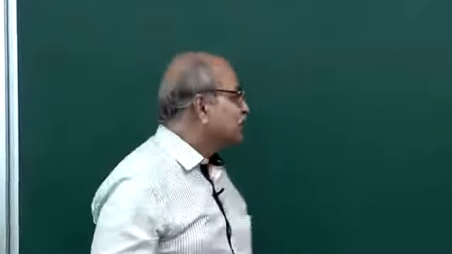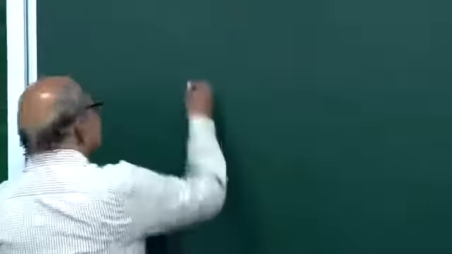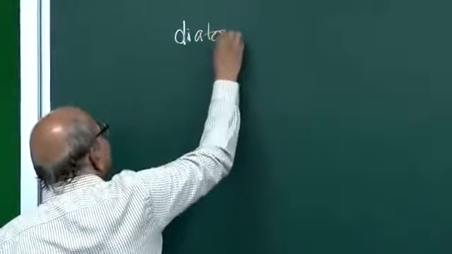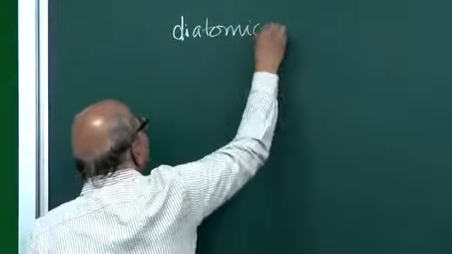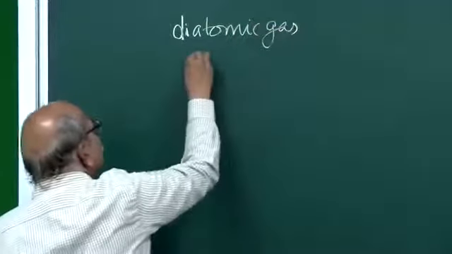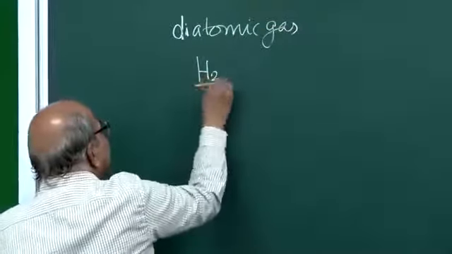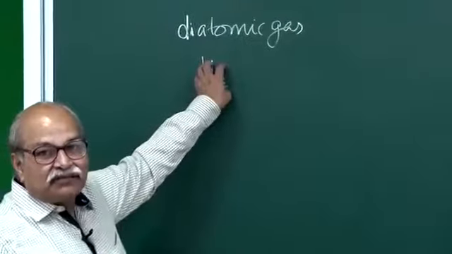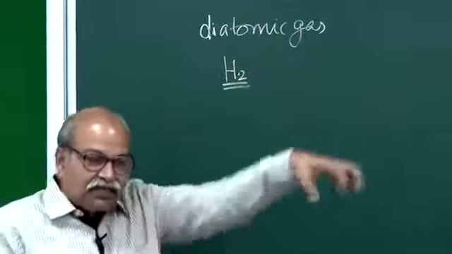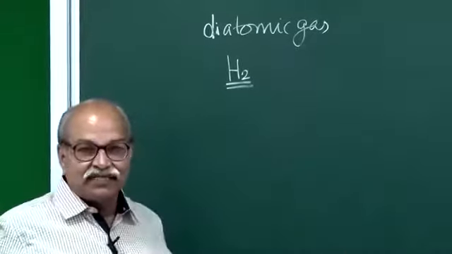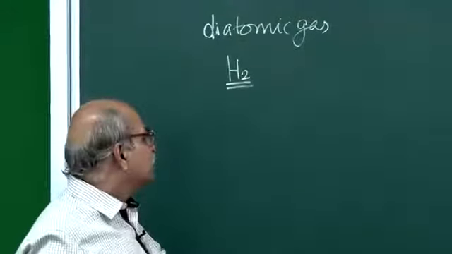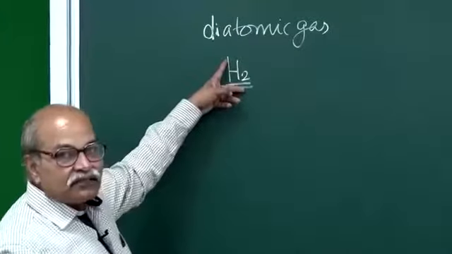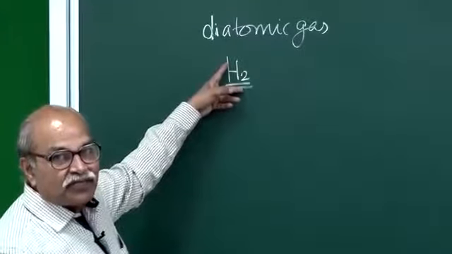So hydrogen gas is a diatomic gas. Two hydrogen atoms come close to each other and make this molecule, and these molecules are widely separated from each other inside that vessel. So what happens to the energy levels of this system, this molecule?